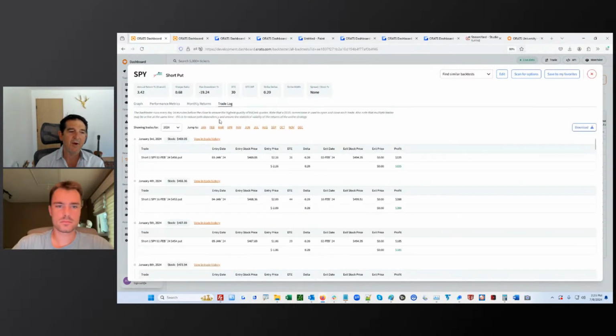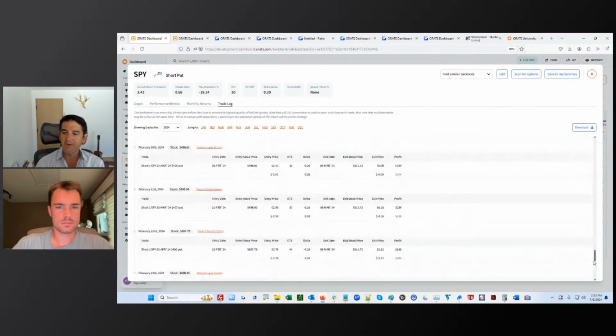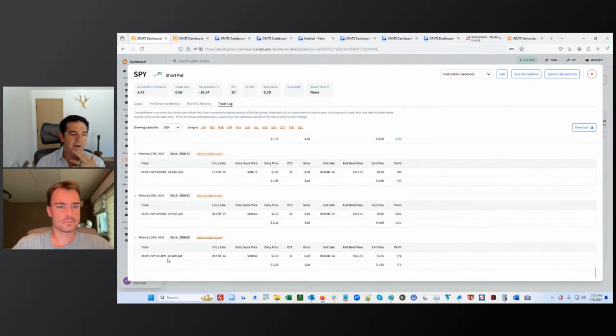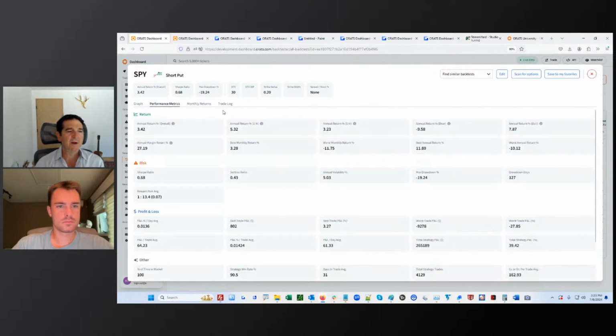So, for example, if you look at the most recent trade in February when the SPY was 508, you're selling the 493 put. That's relatively far out of the money for a 37-day put.